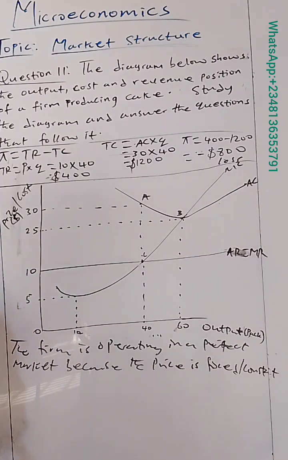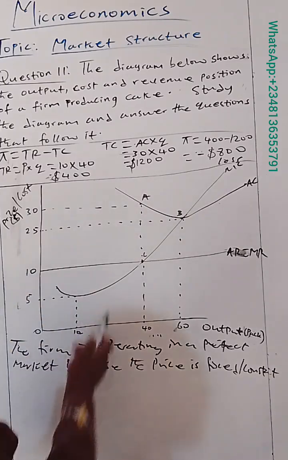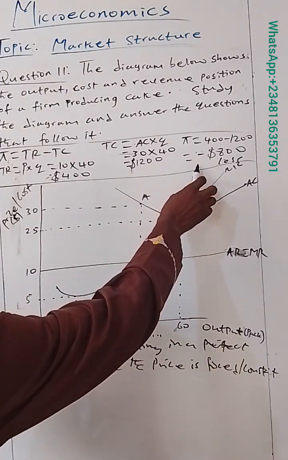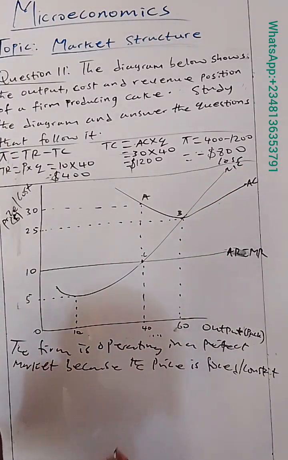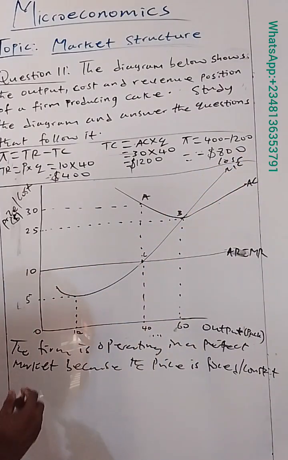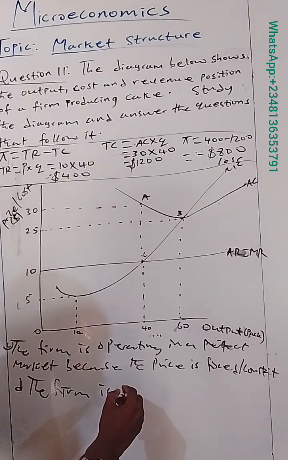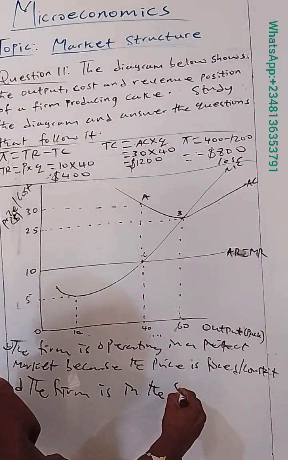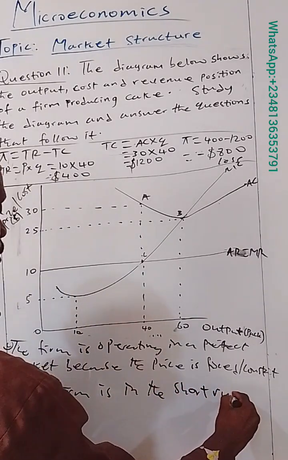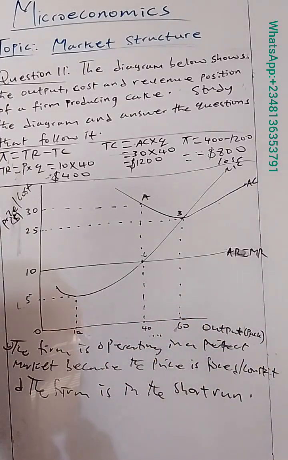Only normal profit is possible in the long run. Look at here, we do not have the firm making a normal profit. The firm is even making a loss. Therefore, the firm, that is D, this is C, the firm is in the short run. So the firm is not in the long run, it's in the short run.